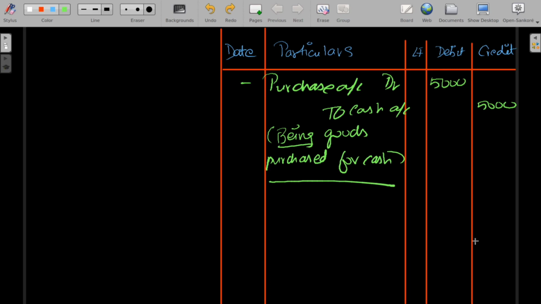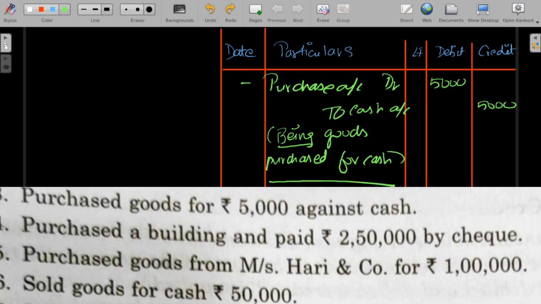In the second question, they've given that purchased a building and paid 2,50,000 by check. There are two items which will affect this transaction, which would be building and bank. Bank means check over here. A lot of people might be asking, why not purchases?